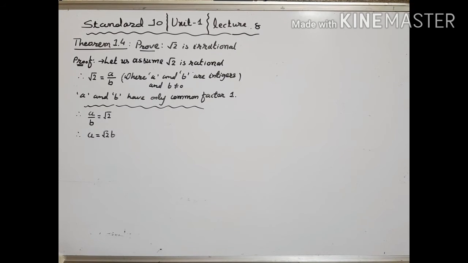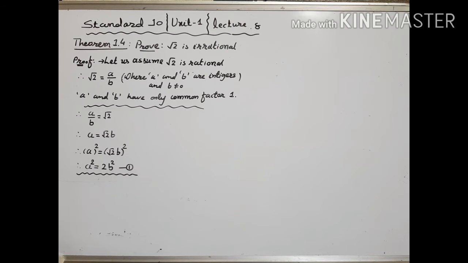By rearranging the terms, we get a equals root 2 into b. Now let us take the square on both sides. When we take the square on both sides, we get a square equals 2b square. This is a very important result, and up to here we have completed the second part of the proof.